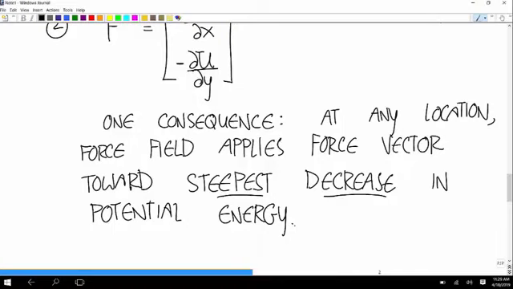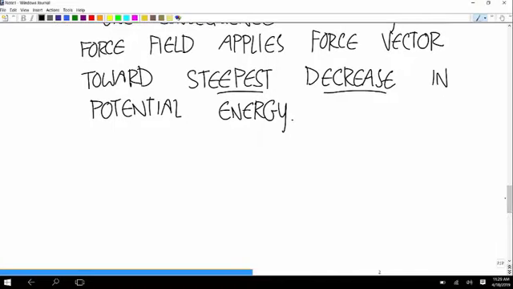All right. What about these partial derivatives? Partial derivatives are the ones with the curly d's.